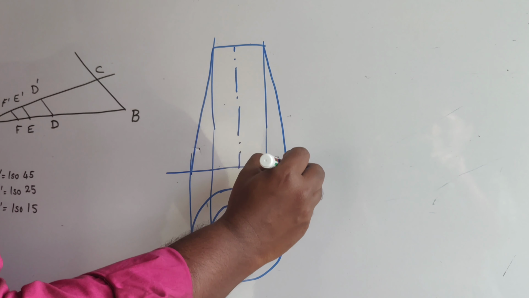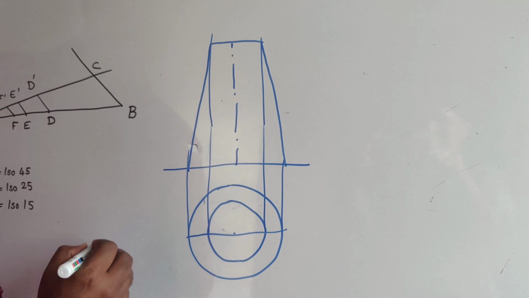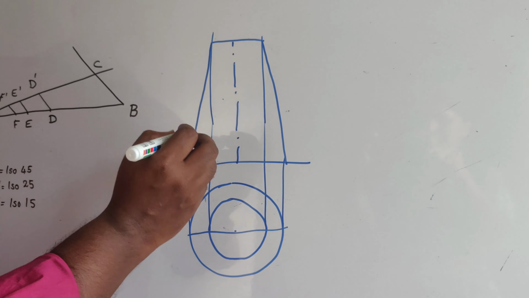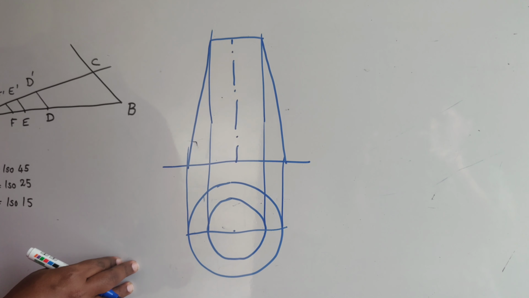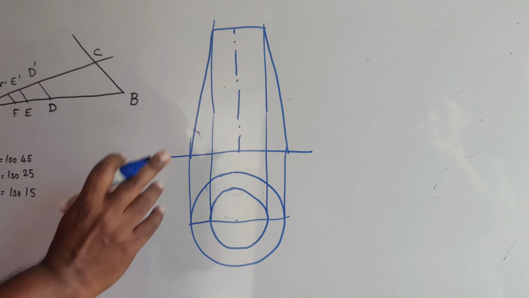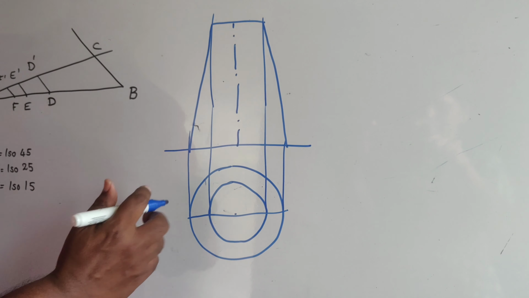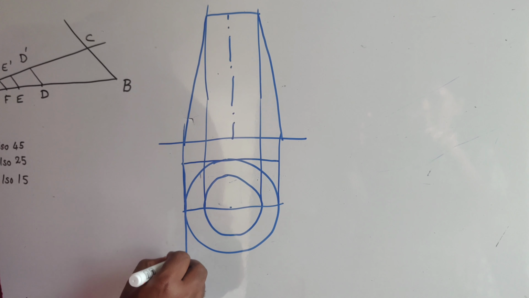So you got the top base and the bottom base. This is the symbol position. Using the symbol position, to draw the isometric projection, you have to go for the box method.